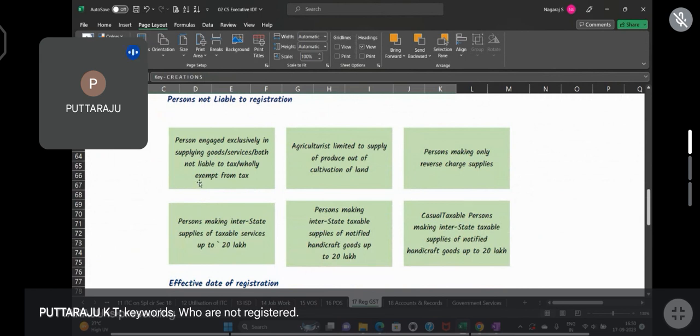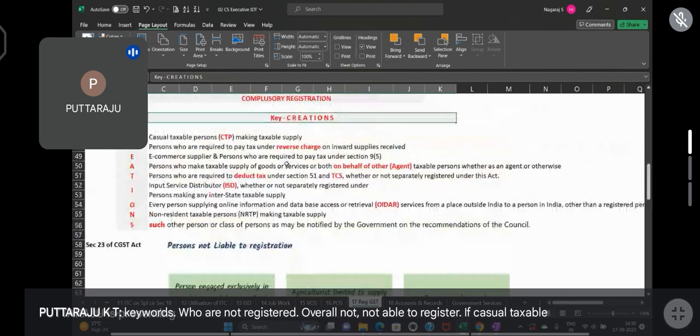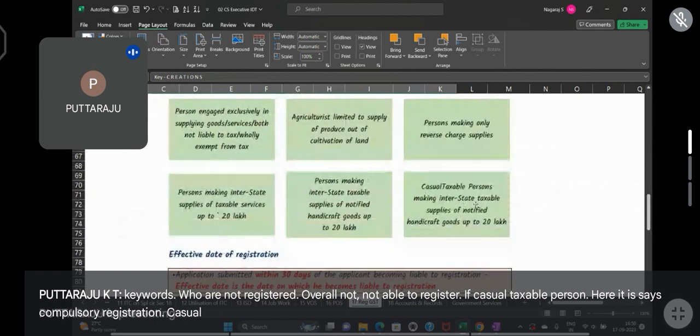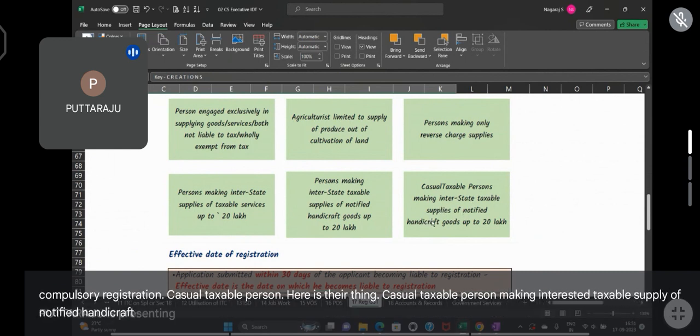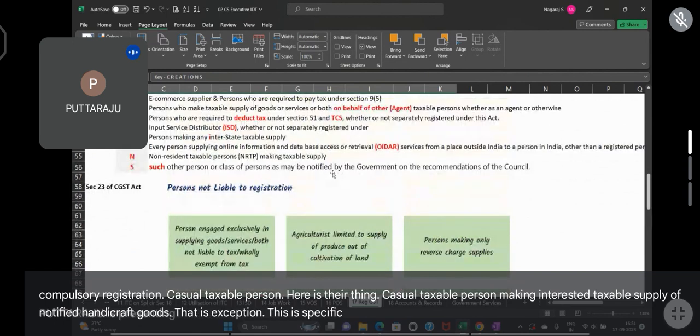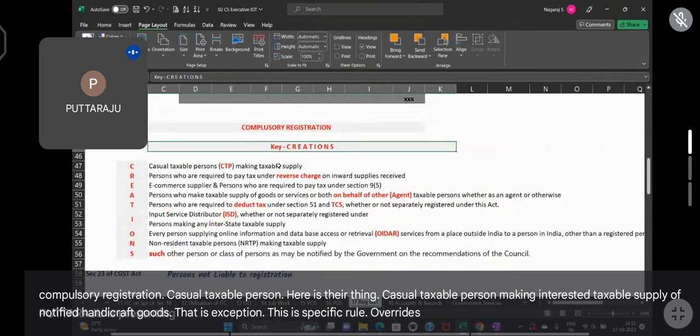Who are all not liable to register? Casual taxable person here is compulsory registration. But casual taxable person making interstate taxable supply of notified handicraft goods is an exception. This specific rule overrides the generic one.